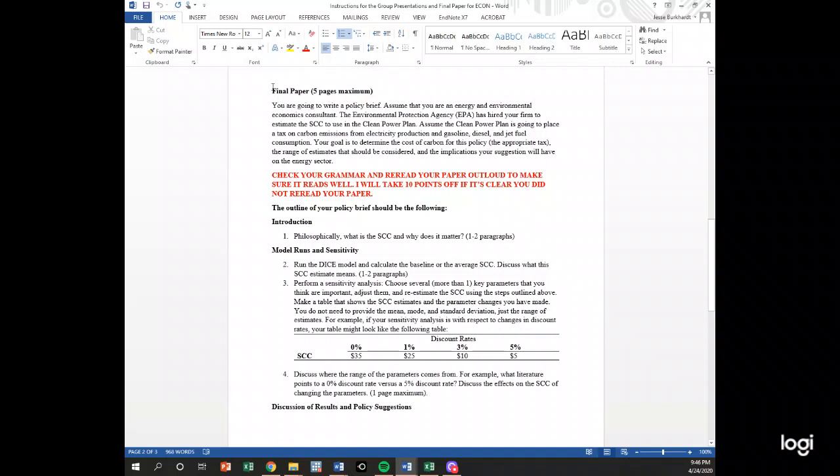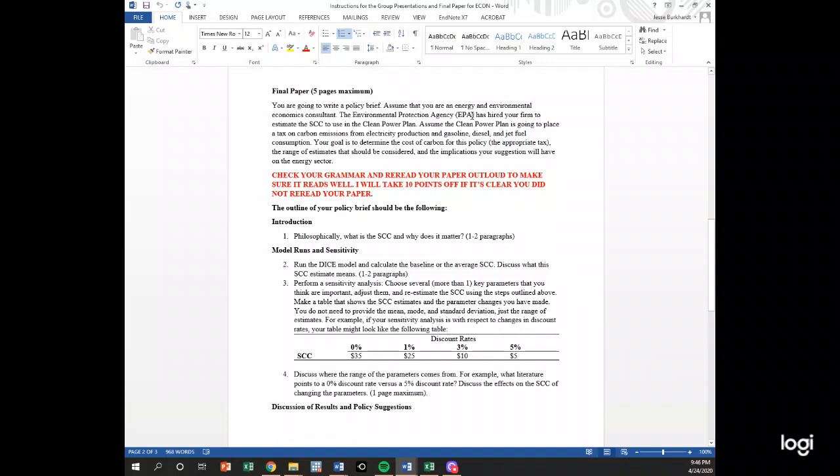Okay, for the final paper, 5 pages maximum, I want you to keep it short because I want you to think of this as a policy brief. If you were working at the Environmental Protection Agency or on the Council of Economic Advisors for the President, they don't have time to read a very long document.